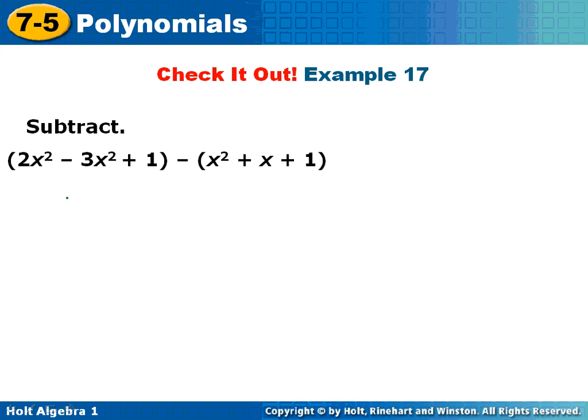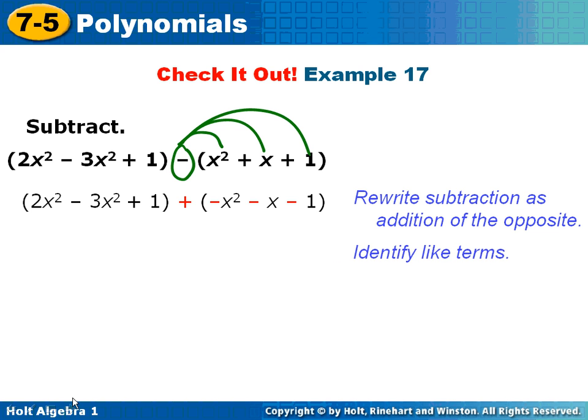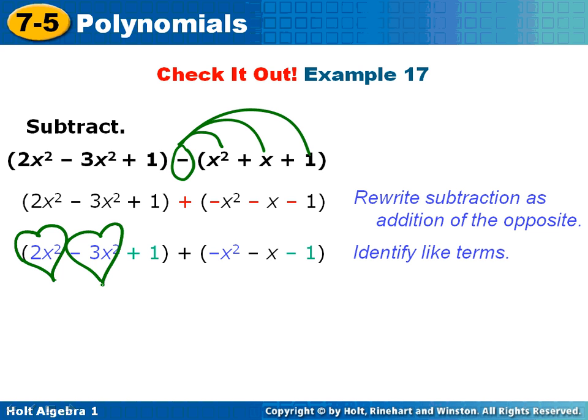We can do this. We have to subtract these. In order to subtract, I'm going to have to take this negative and distribute it to all 3 of the second parentheses. So it's called rewriting it as an addition of the opposite. Then we have to identify our like terms. 2x squared and negative 3x squared and negative 1x squared are like terms.